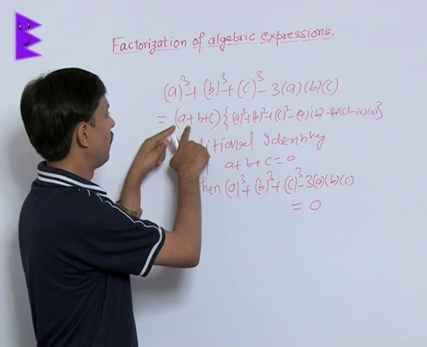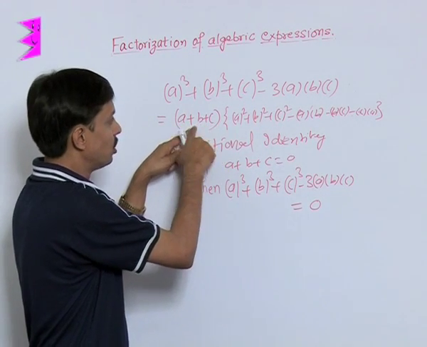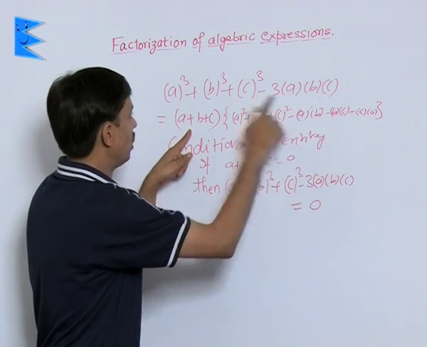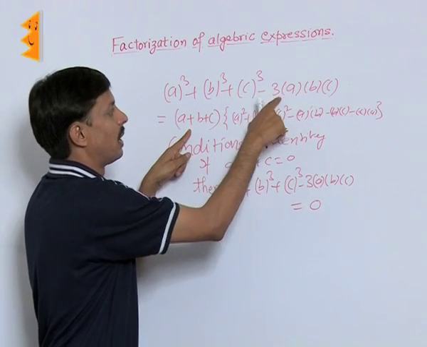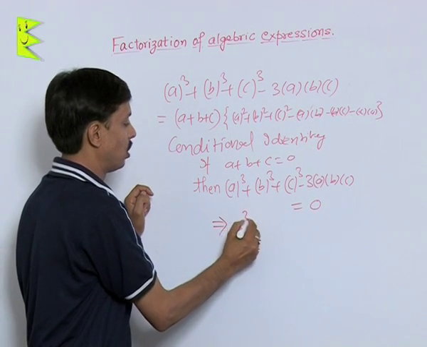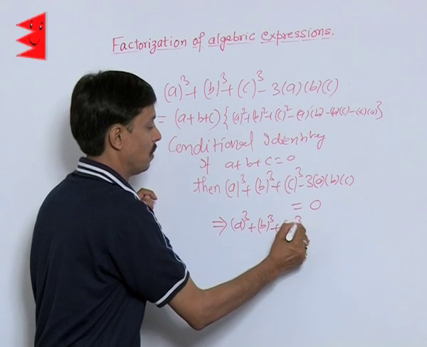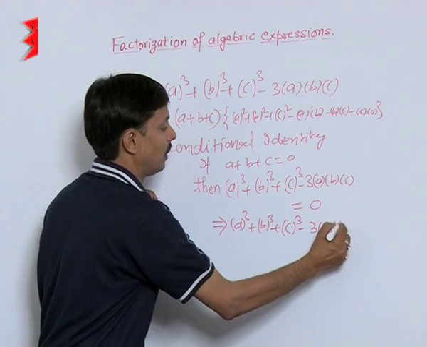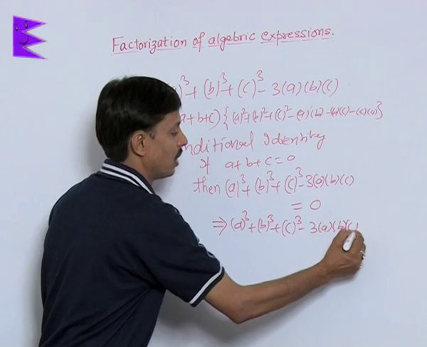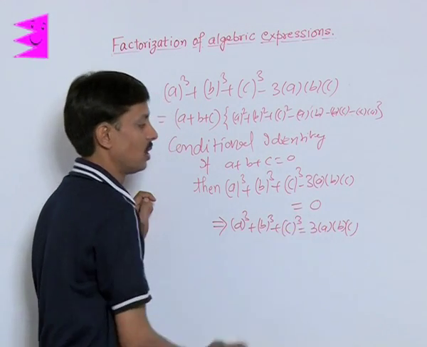Reason? Because if a plus b plus c is 0, I can put 0 here, and 0 into this entire expression is 0. So a cube plus b cube plus c cube minus 3abc is equal to 0. Or, if you shift 3abc, we can say this is equal to 3abc.